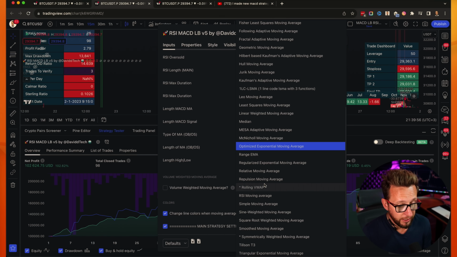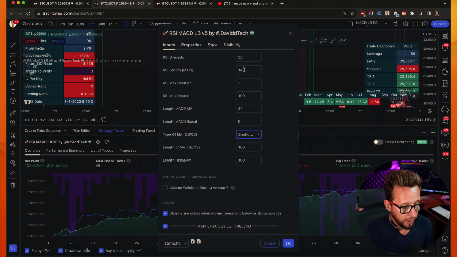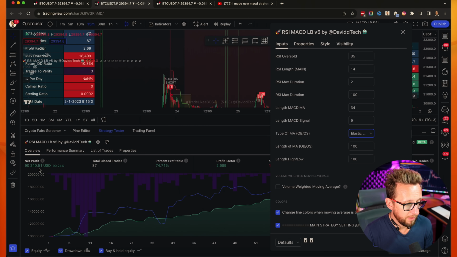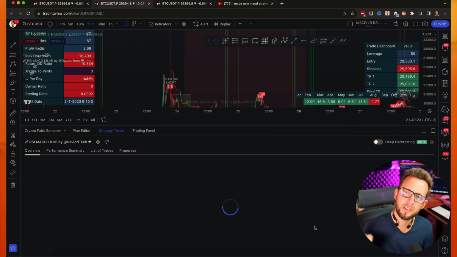If that's the way you trade. Personally, I found that this equity curve was the one that I preferred myself. If you go over to the elastic one over here, for instance, a 74.71 win rate, but less profit. So this is the one I'm going to be showing you at the moment. Play around with the settings. You'll be able to find better settings, I'm sure.